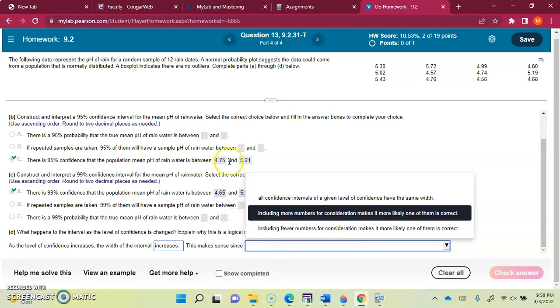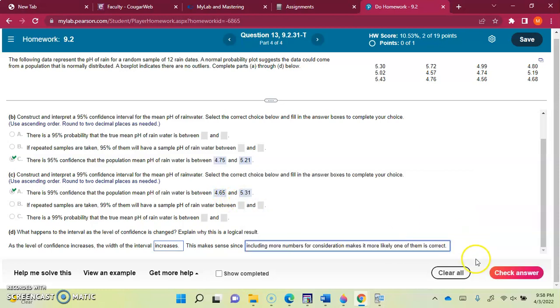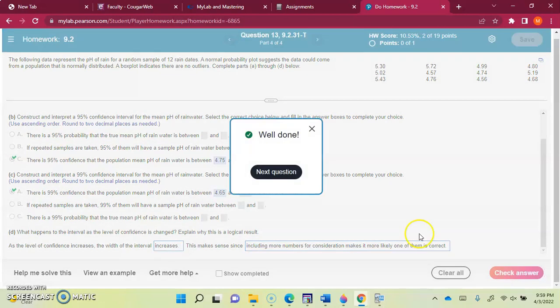As you see, we are saying for the more confidence level, the width of the interval is increasing. So we are including more numbers into consideration to make it more correct. So as the confidence level increases, you have to increase the width of your confidence interval. So that is it for this question.